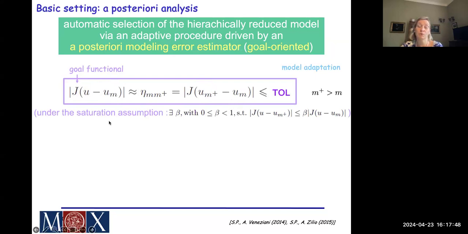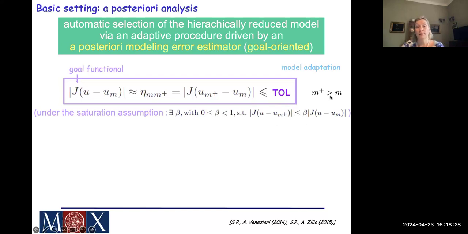I would say, recurrent assumption in a context such as this one, where you have a hierarchy of richer and richer reduced models. And essentially, this saturation assumption demands that the reduced approximation associated with a larger number M plus of modes in general provides us with a better approximation with respect to the discretization provided by the high mode approximation for M, where M is strictly less than M plus.